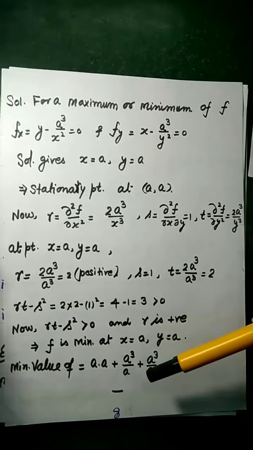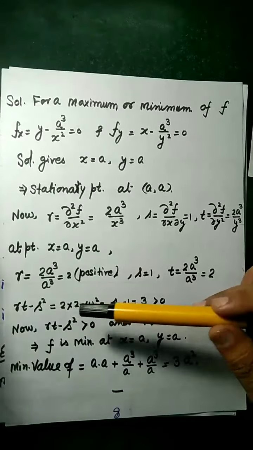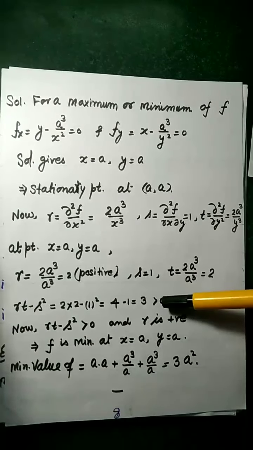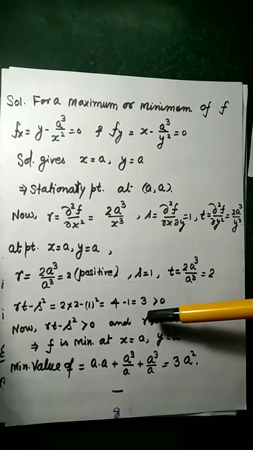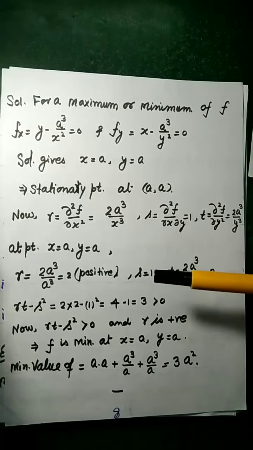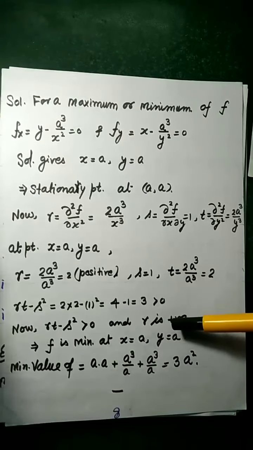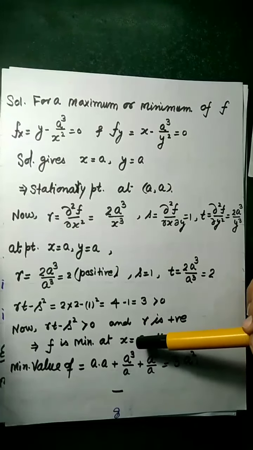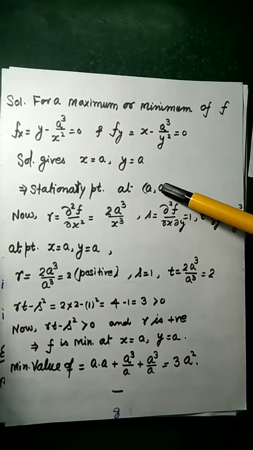The next step is to calculate RT minus S square. So RT minus S square is 3, which is greater than 0. According to our step 1, if RT minus S square is greater than 0 and R is positive, then the function is minimum at x equals a and y equals a, which is the point we have obtained.